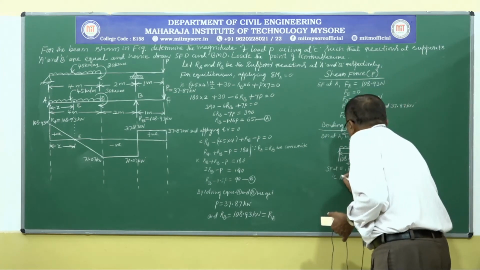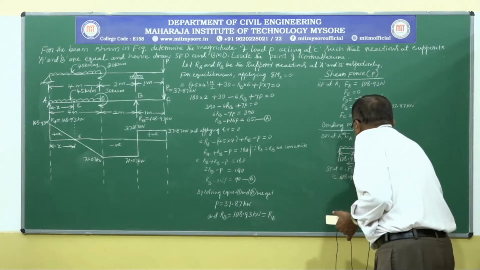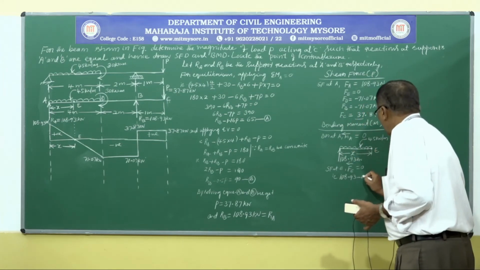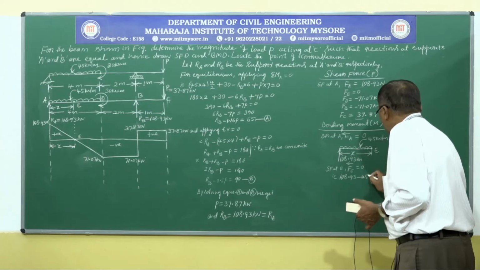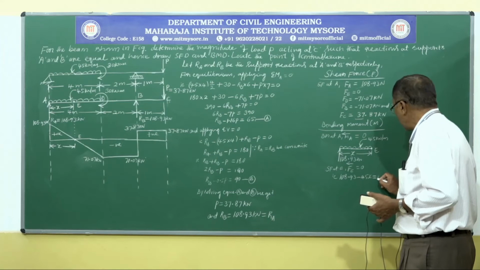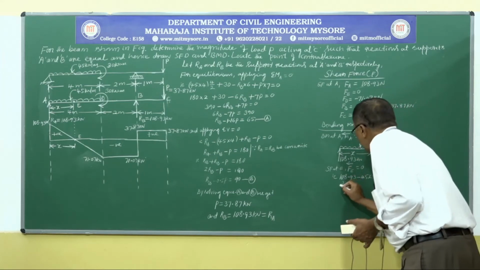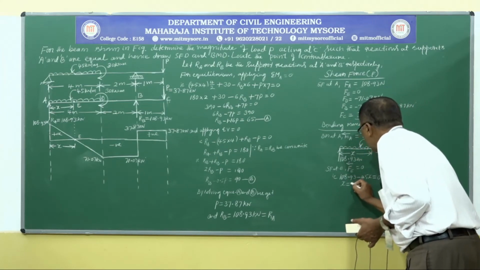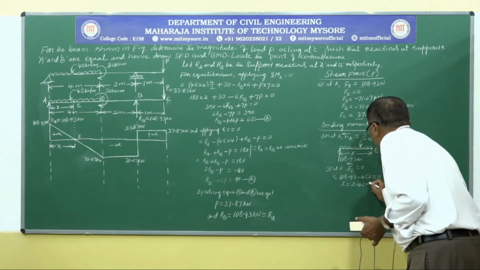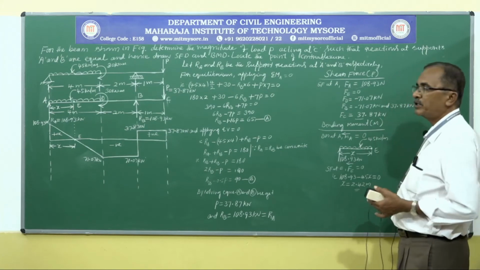It is 108.93, and the downward UDL is minus 45 into x. We are only converting the UDL to a point load, and that is equal to 0. Solving this, you will get x equal to 2.42 meters.